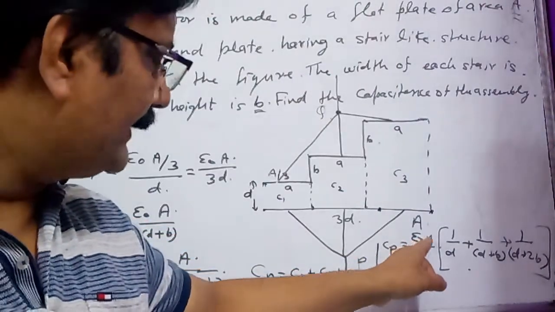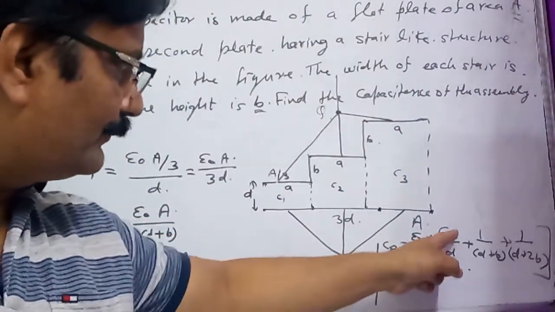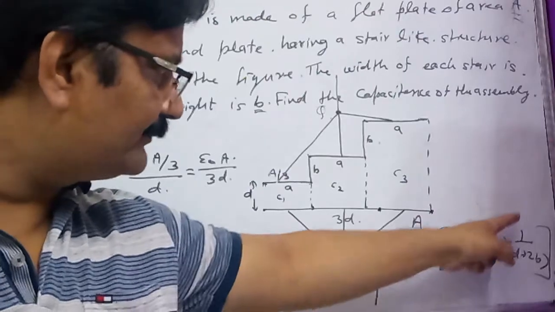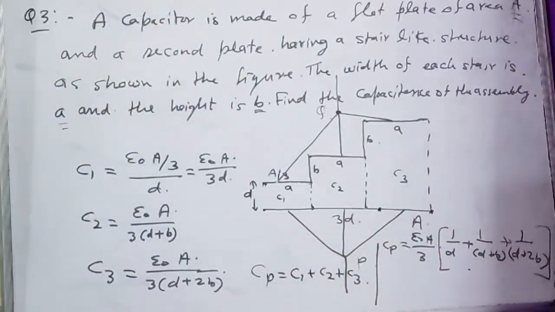So Cp equals epsilon naught A by 3 times 1 by D plus 1 by D plus B plus 1 by D plus 2B.